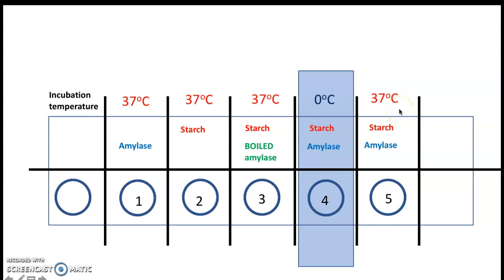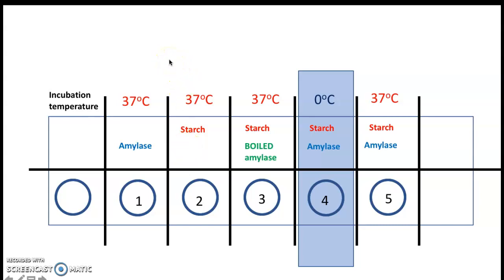So right away, you should be able to see that we can test for the impact of incubation temperature on the activity of our enzyme here. We're also going to be looking for the ability of the reaction to occur in the absence of an enzyme. That would be what this test tube is testing for. And there's probably another factor here. If you were to look carefully, you might see it.